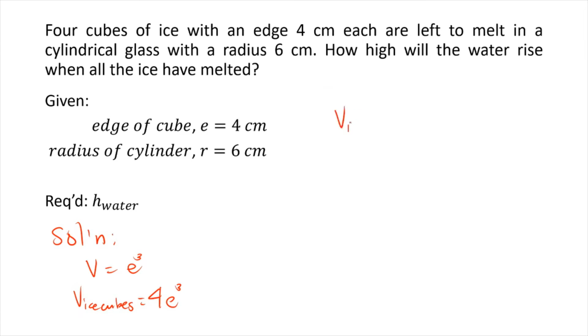Solving for the volume of the ice cubes, we have 4 times E cubed, where E, or the edge, is 4 centimeters, cubed. So the volume is equal to 256 cubic centimeters.